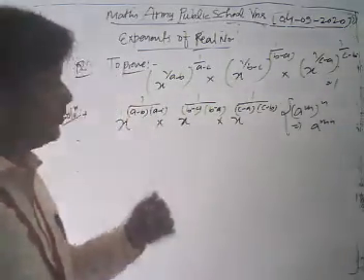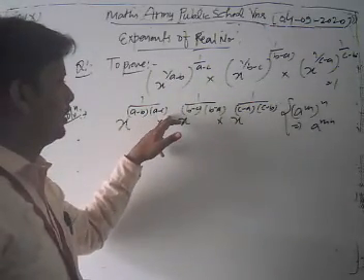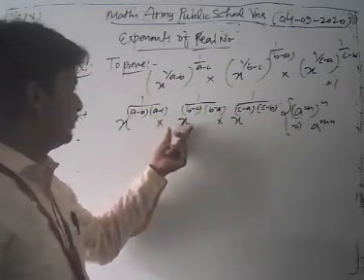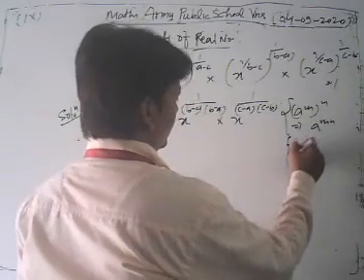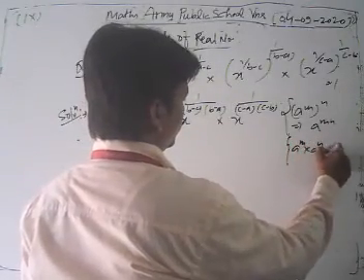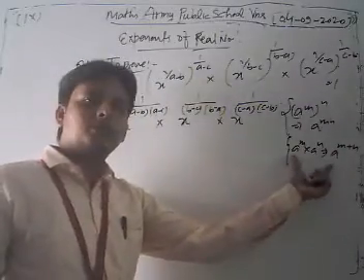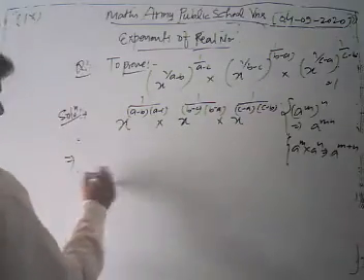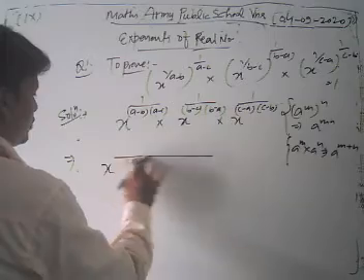Now what I do, dear students, here the bases are the same, and also you know that a to the power m into a to the power n is equal to a to the power m plus n. This is one of the basic concepts of laws of exponent. So here we apply that rule. So we get x to the power, we take the LCM, first of all we write in this way.